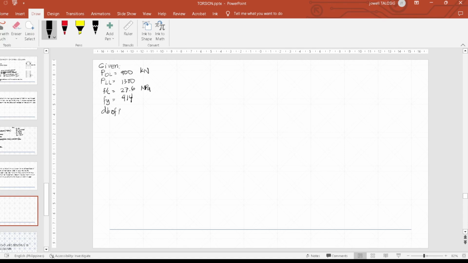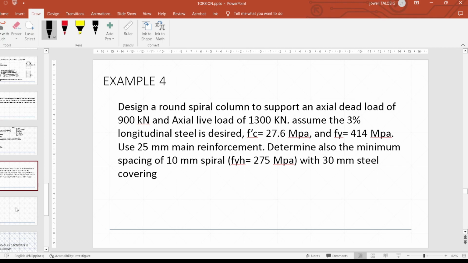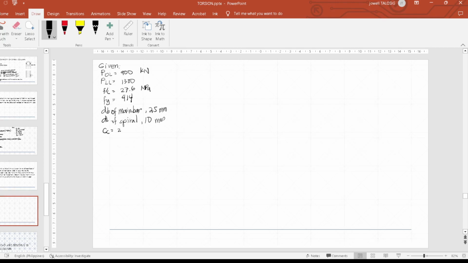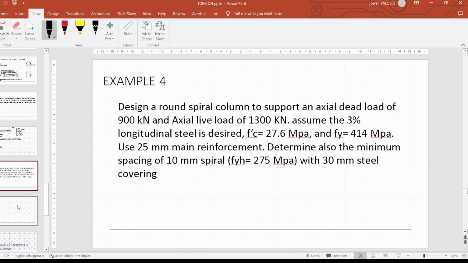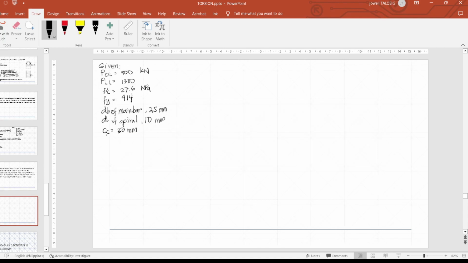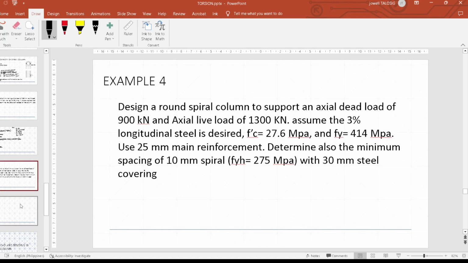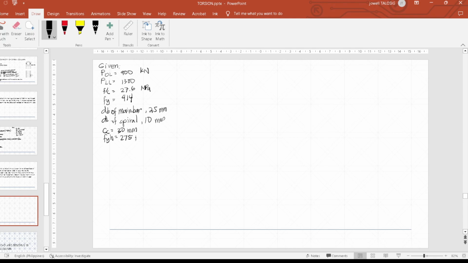So also we have the diameter of the main reinforcement, 25 mm, and your db, diameter of spiral reinforcement, 10 mm. And of course, our concrete cover, 30 mm. And fyh, the strength of your spiral, 275 megapascal.